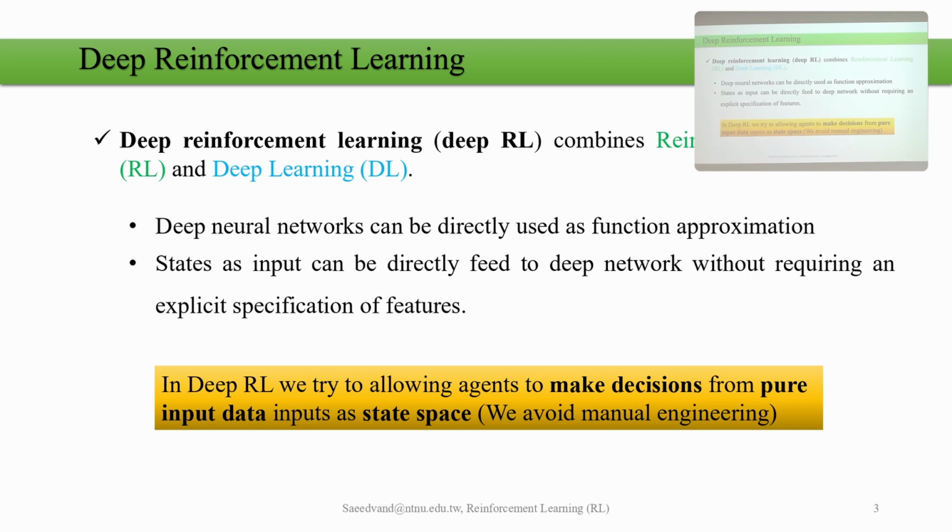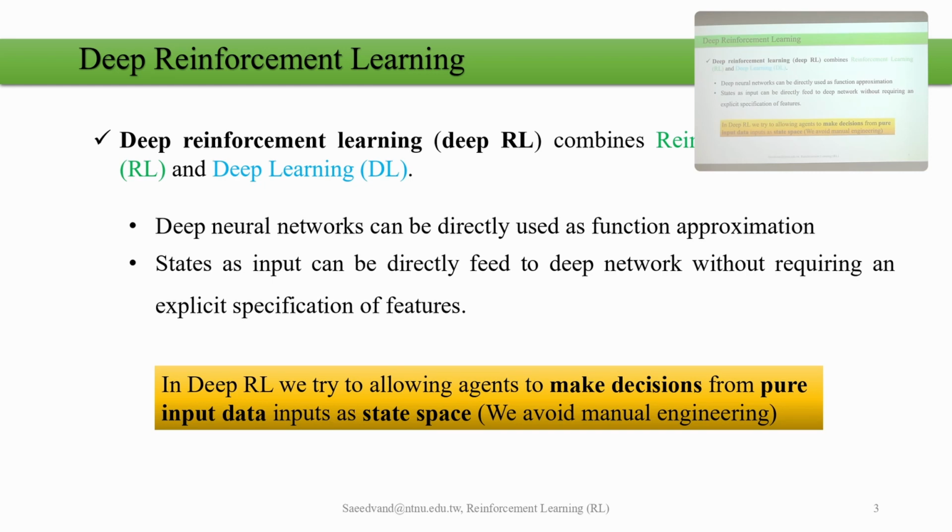But the point is, in deep reinforcement learning, we try to allow the agent to make decisions instead of purely using the structure of deep learning. Instead of having input data that are already labeled, we want to make decisions.